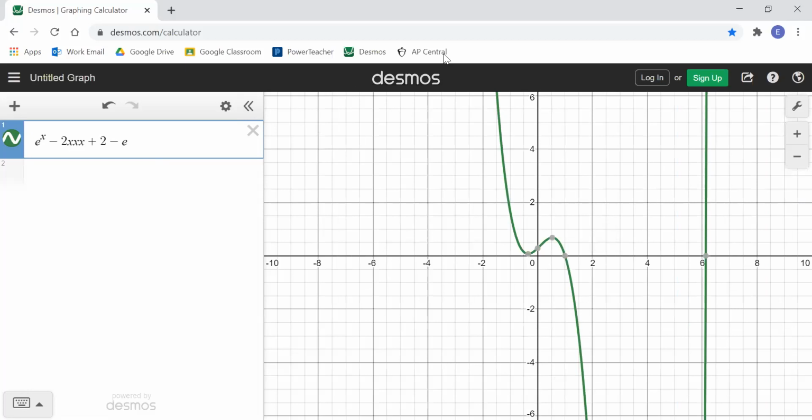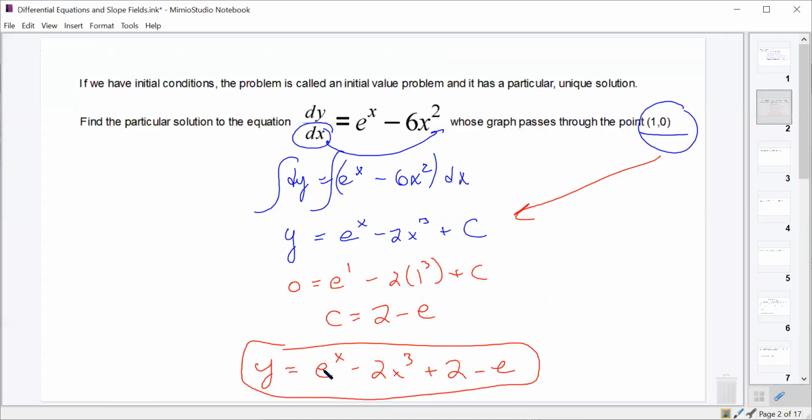And if I take the derivative of that function, derivative of e to the x is e to the x, derivative of minus 2x cubed is minus 6x squared, derivative of plus 2 is 0 because it's a constant, and derivative of minus e is 0 because it's a constant. So it satisfies all of these conditions. It solves the differential equation, and it works with our initial condition.